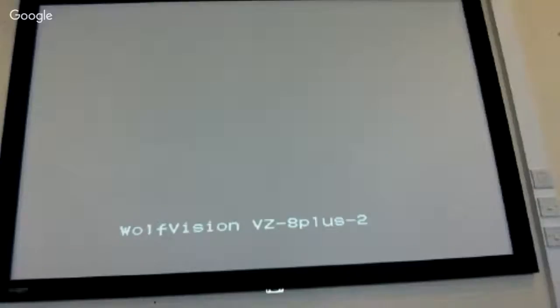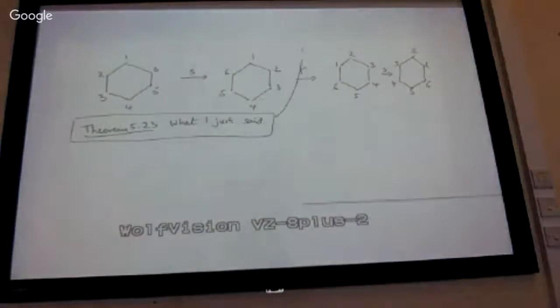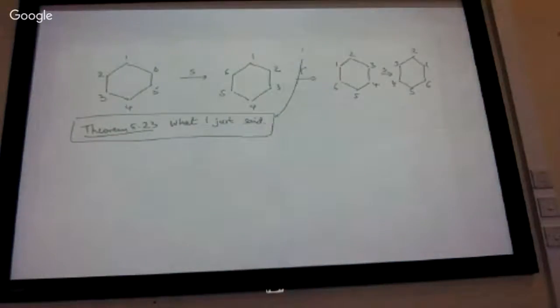Have we done the proof of this? Well, not working. Theorem 5.2.3. I put it in the... Ow. Yeah, it's in the book.